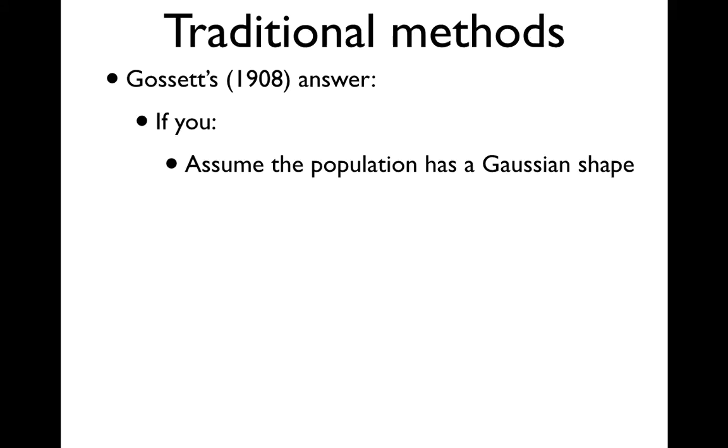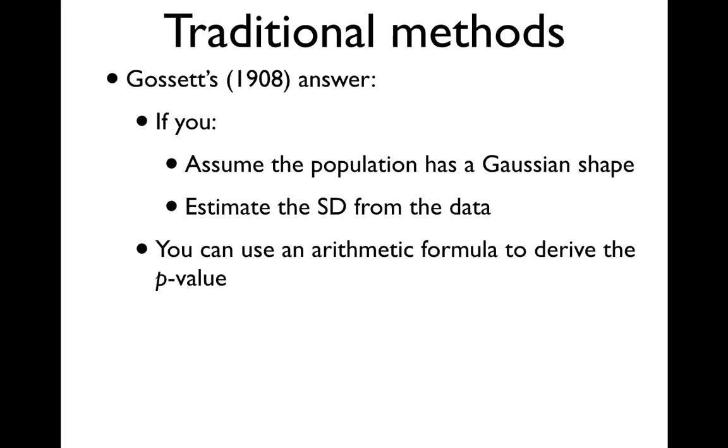There's actually a mathematical formula specifying, as you go along the x-axis, what the y-axis should be. But assuming the population has this Gaussian shape, and you estimate the variability of the population from the data, so the spread of that bell, you can use an arithmetic formula to derive the p-value.